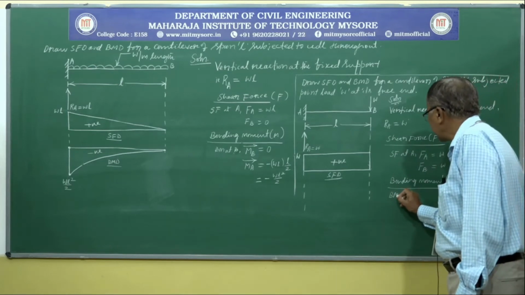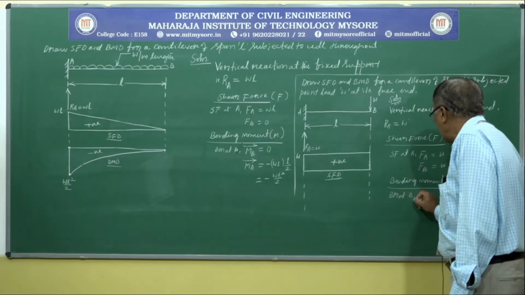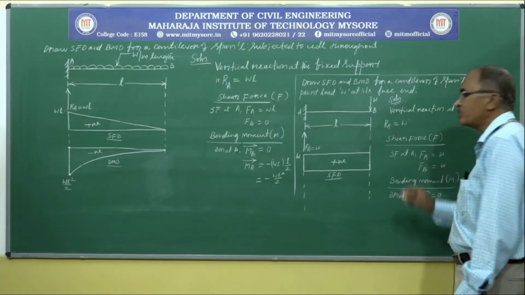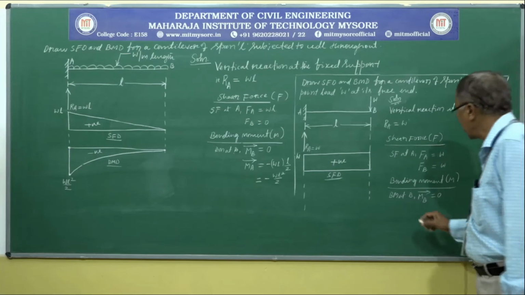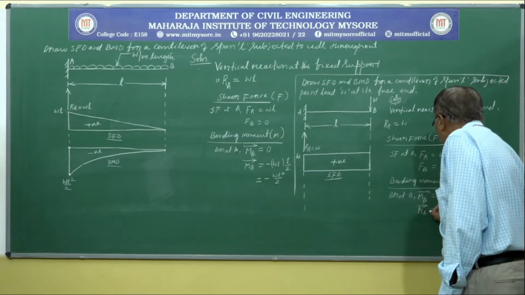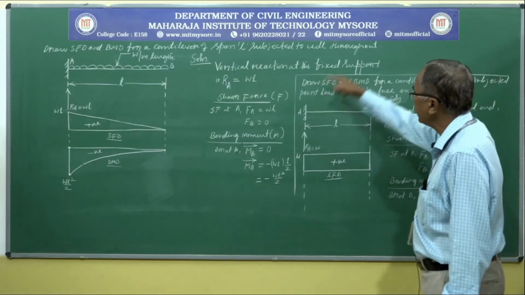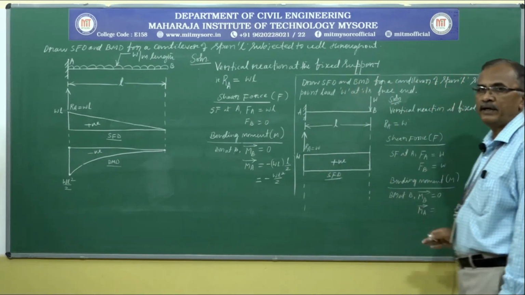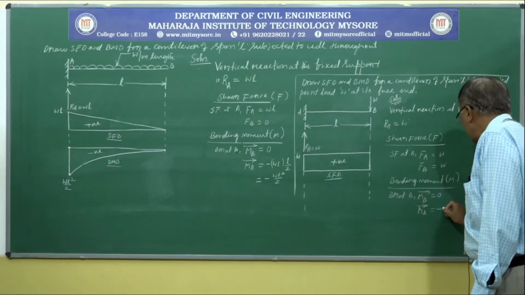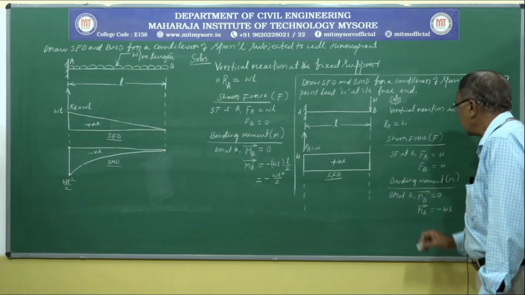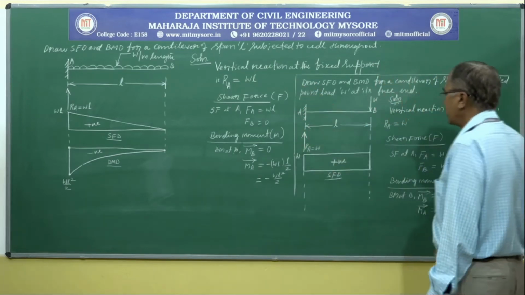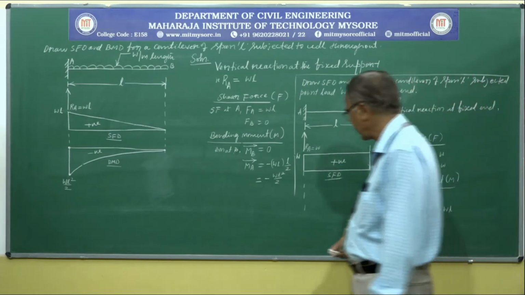Bending moment at B, MB, by considering forces to the right hand side, no forces, so no bending moment, 0. Next, bending moment at A, MA, again by considering the right hand side, this W will create a clockwise moment to the right side of the point. Considering clockwise as negative, it is minus W into L. Another value, if you consider the fixed end moment at point A, it will be 0.